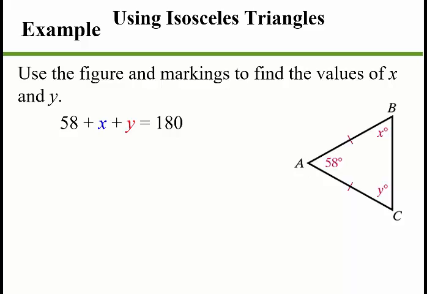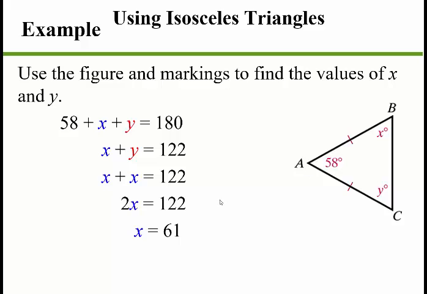So we have 58 plus x plus y equals 180. Subtracting the 58 first, we have x plus y equals 122. Since y is the same as x, we replace y with x: x plus x equals 122, or 2x equals 122. Dividing by 2, angle x is 61 degrees.